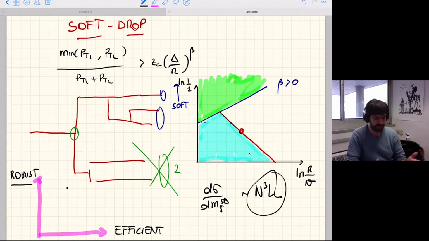Jet substructure is a field which is 10, 12 years old, and hundreds of ideas have been developed. Some of them, I would say tens of them, have been translated into algorithms which are publicly available. The best way of getting your hands dirty is to look at the FastJet contrib webpage. And many of these are actually used by the experimenters.